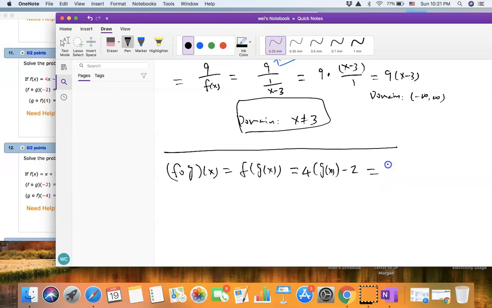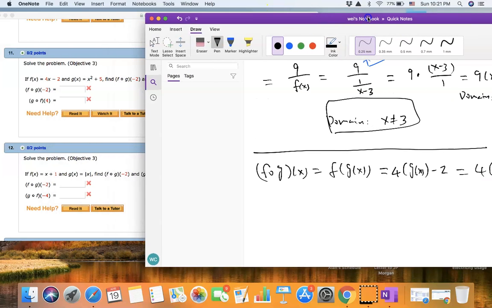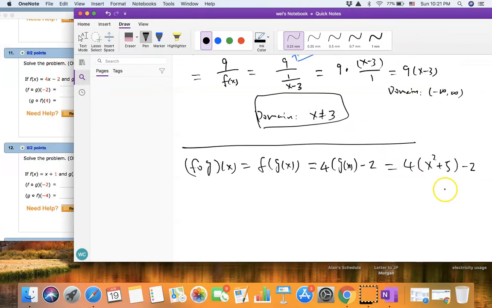So this is 4 times (x squared plus 5) minus 2. This would be our composite function. Now you can continue to simplify this. So you get 4x squared plus 18.